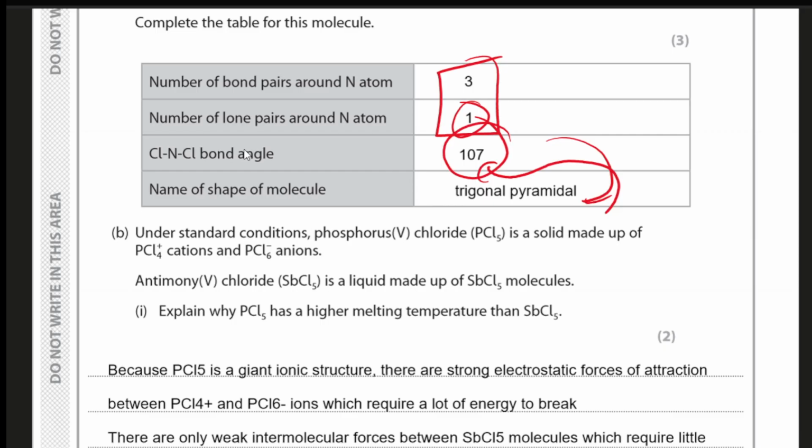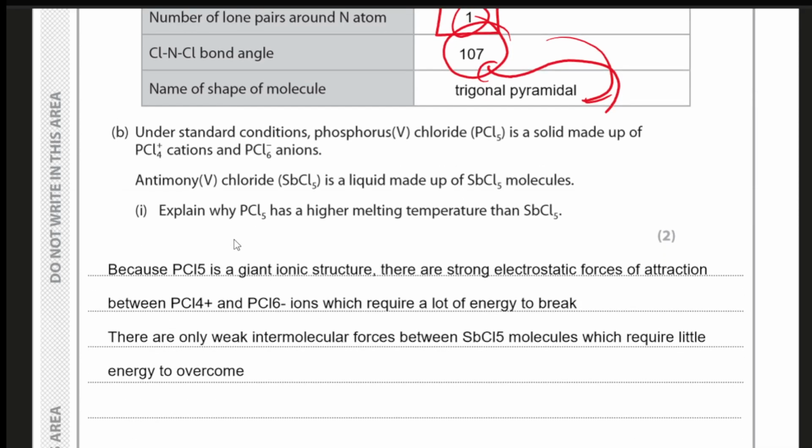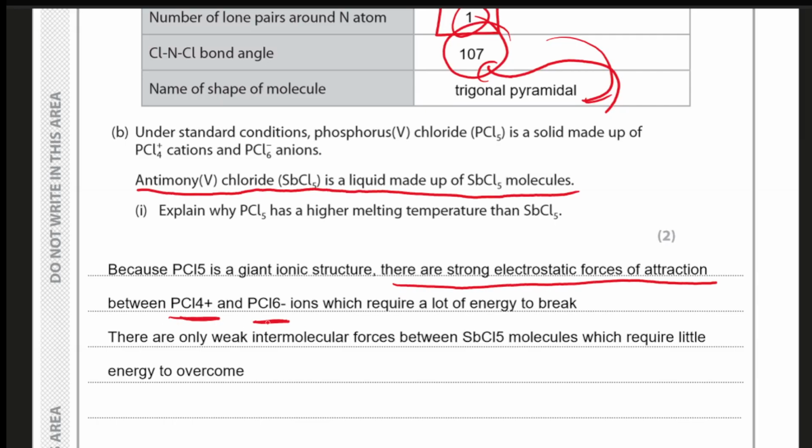Again, they said under standard conditions, phosphorus 5 chloride is a solid made up of PCl4 plus cations and PCl6 minus anions. They told you antimony chloride is a liquid made up of SbCl5 molecules. They ask why PCl5 has a higher melting temperature than SbCl5. Now you need to check the structures here. PCl5 is a giant ionic structure, so automatically it has strong electrostatic forces of attraction between the PCl4 plus and PCl6 minus ions.